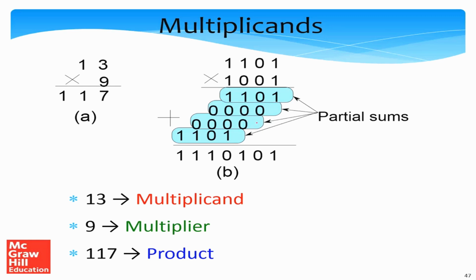So the ith partial sum is shifted to the left by one position as compared to the (i-1)th partial sum. If we consider the first i partial sums, we can add them up to make a partial product. Then the partial product will be added to the next partial sum.